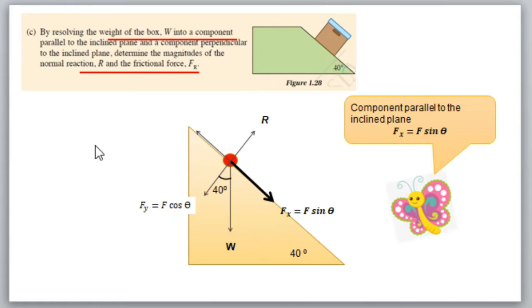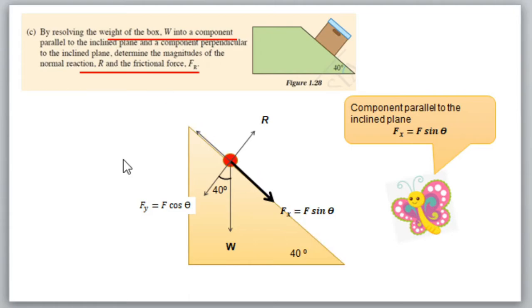Next question, by resolving the weight of the box W into a component parallel to the inclined plane. So these are the key words. Resolve the weight of the box into a component parallel to the inclined plane.